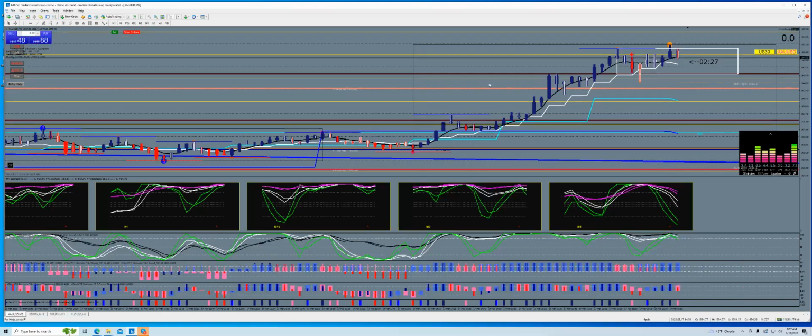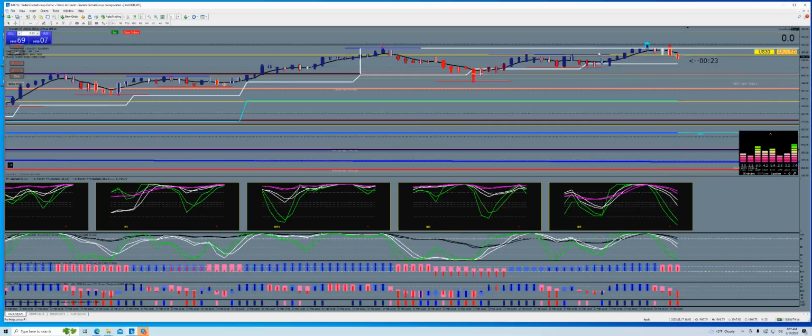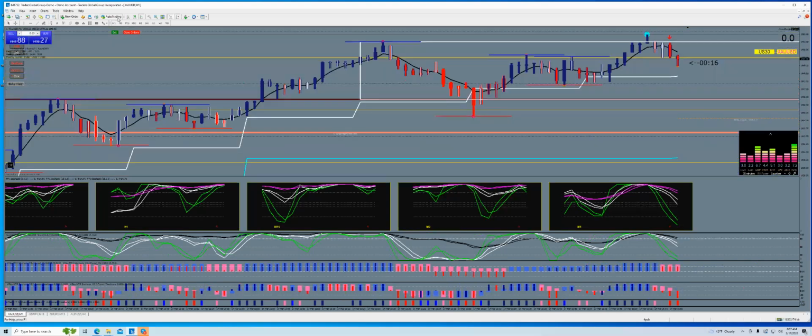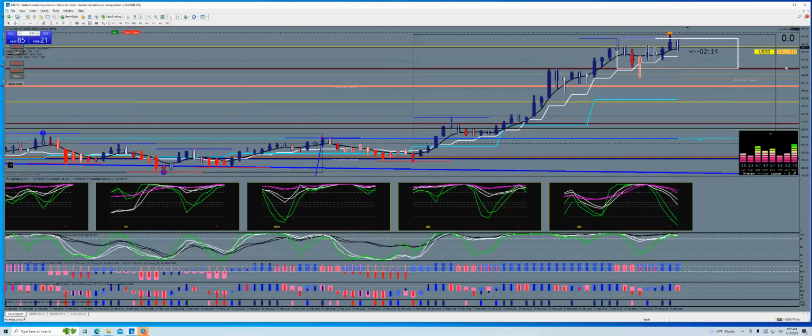What am I looking for here as a profit? I see that the 1 minute is telling you it's good to go. But let's go back to the 5. The 1 minute just gives me anxiety.